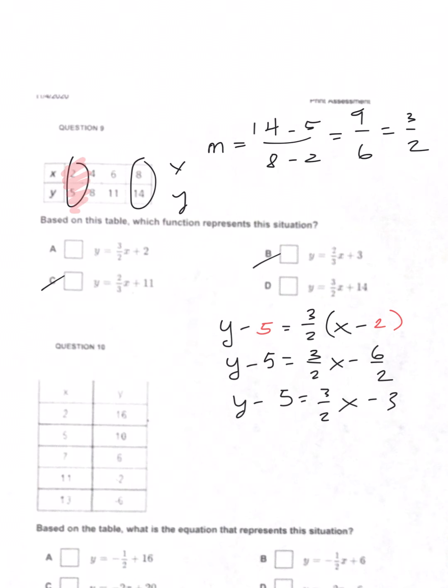So the whole equation reads y minus 5 equals 3 halves x minus 3. The last thing I have to do is add this 5 to the right side, and I end up with y equals 3 halves x plus 2. That's an equal sign right here. Okay, so which answer is that going to be? That's going to be A.